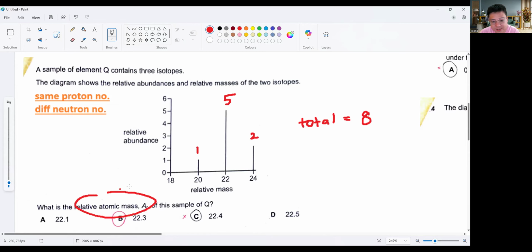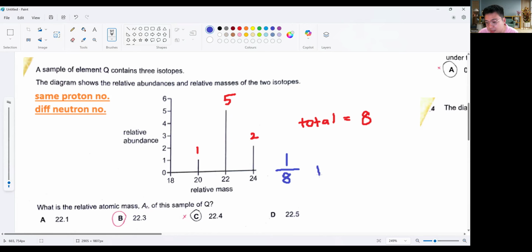So what we can do is, they want the relative atomic mass. So normally when you see relative atomic mass, you can understand it as the average mass. So the average mass, let me change to a different color. 1 over 8, right? Because 8 is the total.